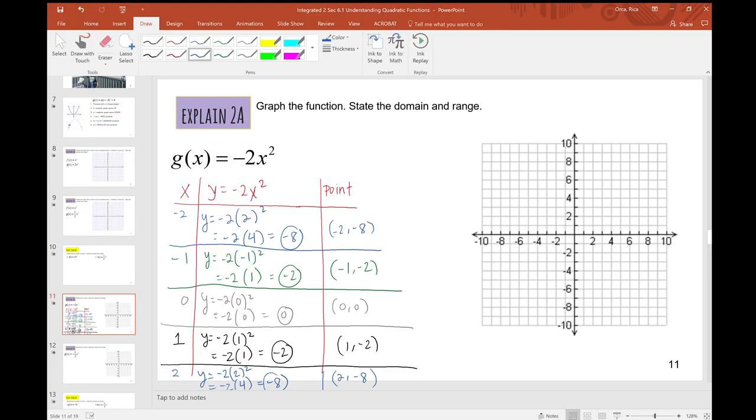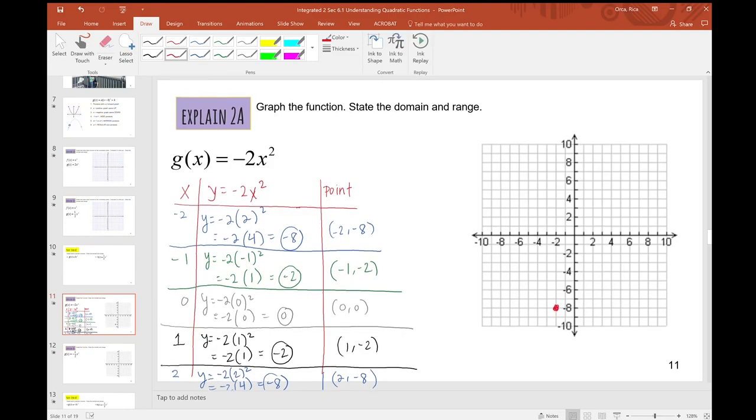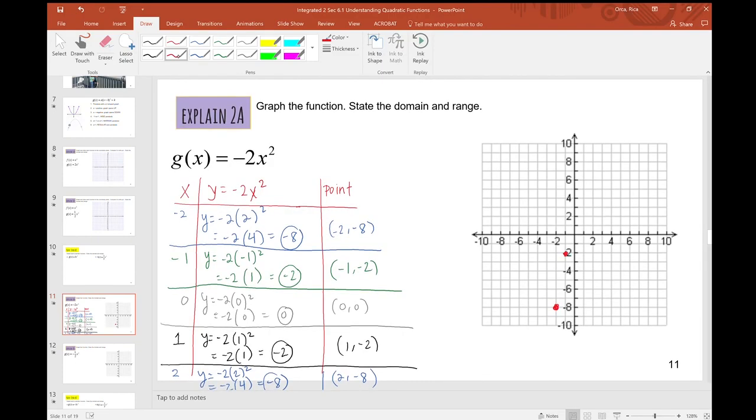Now that we have all 5 points, let's go ahead and graph them. Negative 2 comma negative 8, negative 1 comma negative 2, 0 comma 0, 1 comma negative 2, and 2 comma negative 8.